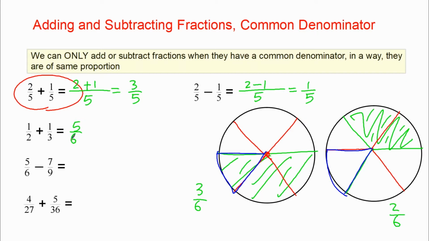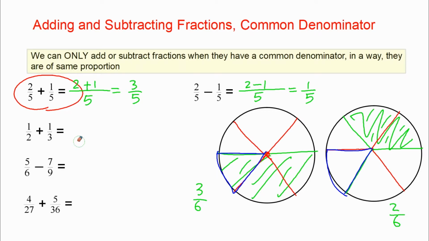But okay, this was based on that graph. How can we do this without visualizing that, and also for complex problems? Because this is the simplified version, just for us to see what is happening visually when we add or subtract fractions. But what do we need to do if we have more complex problems?